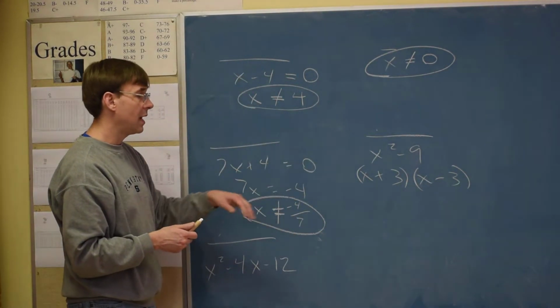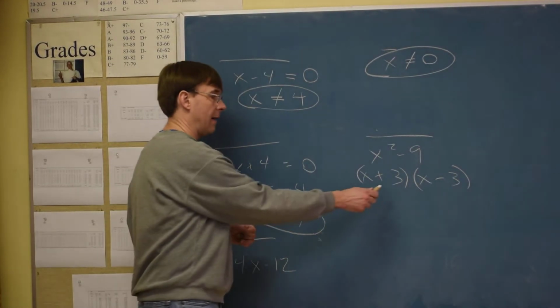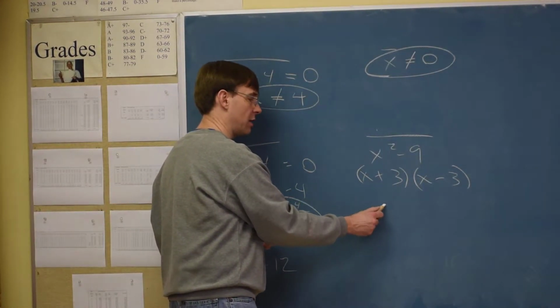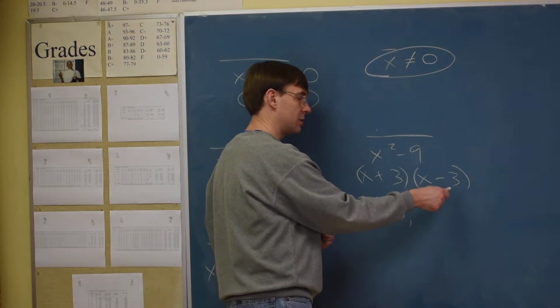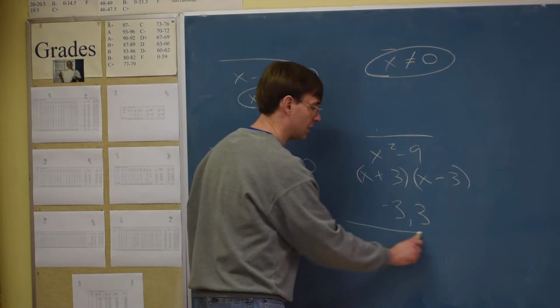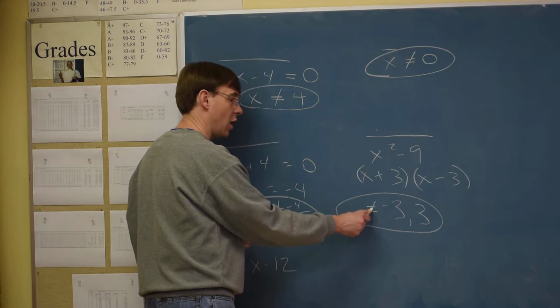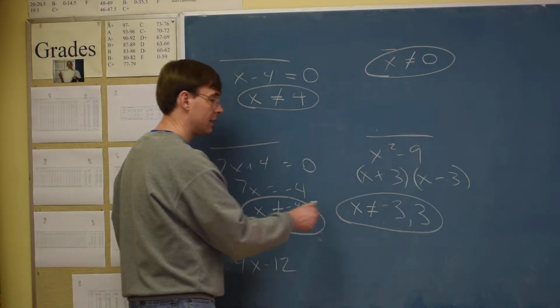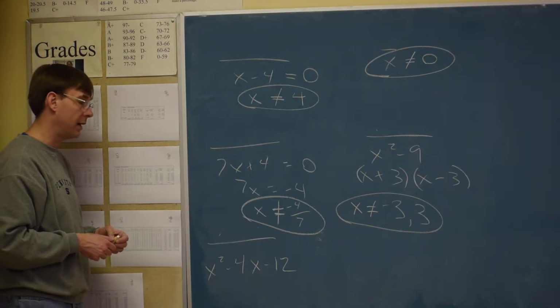And then we go one step beyond that as we were in chapter 7. What would make this factor 0 is a negative 3. We used to change the signs. What would make this 0 is a positive 3 if we change the signs. But to have a full answer, we need to be saying, no, we are not allowed anymore to have x be those things because they were on the bottom and we're doing a new thing with that.